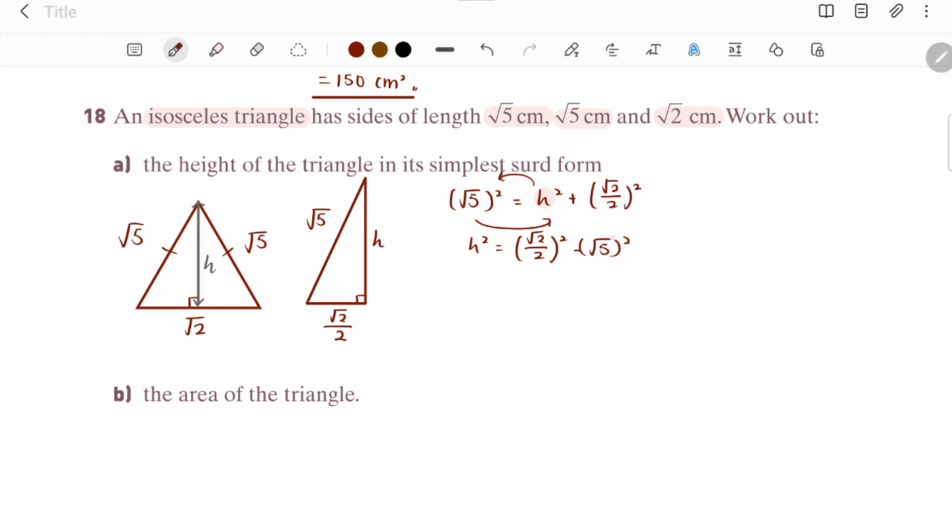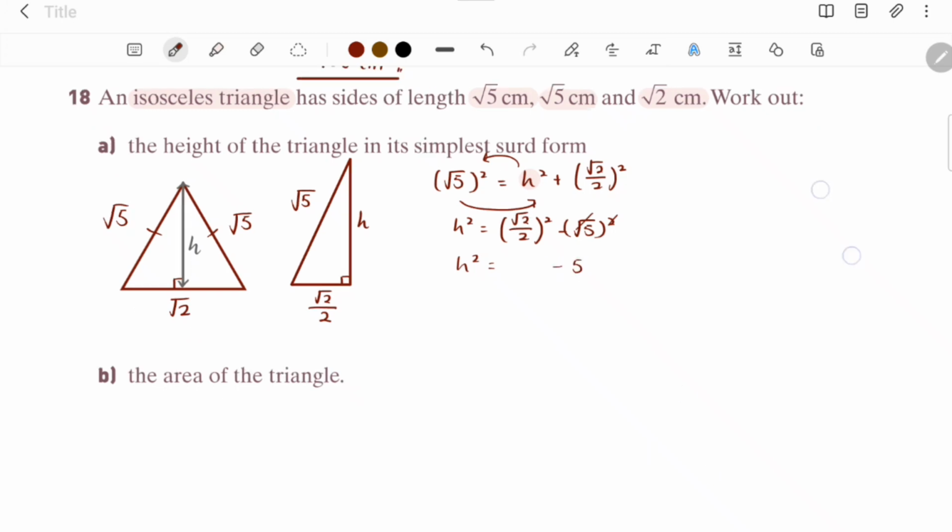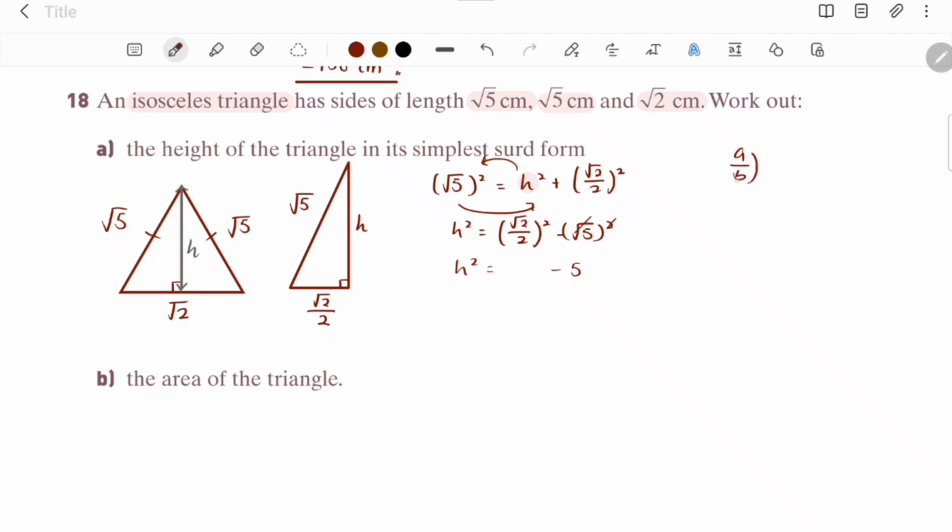We know that the square root and the square sign can cancel out each other. So h squared, this one is minus 5. If (a over b) squared, this is actually a squared over b squared. So surd 2 squared is 2, over 2 squared is 4. So h squared is, when you simplify it, 1 over 2 minus 5.